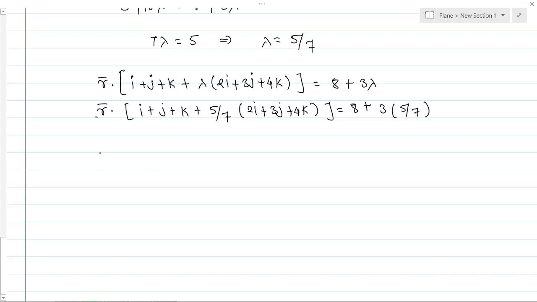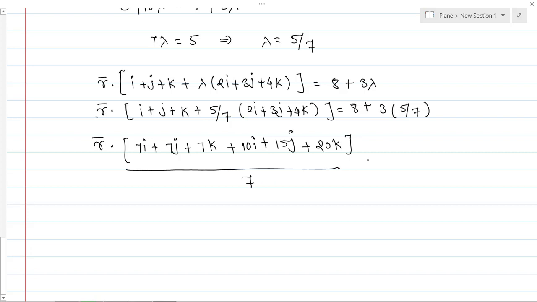So after simplifying, what you will get: r bar dot 7i plus 7j plus 7k plus 5 into 2 becomes 10i, plus 5 into 3 becomes 15j, plus 5 into 4 becomes 20k, whole divided by 7, equals 56 plus 15 divided by 7. So 7 gets cancelled.